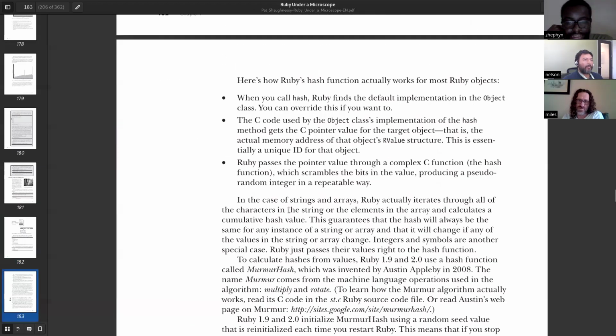Yeah, it's the birthday problem. People underestimate how many unique digits you need to make a collision. I think it's like if you have 20 people in a room, there's a 90% chance that they're going to share the same birthday.